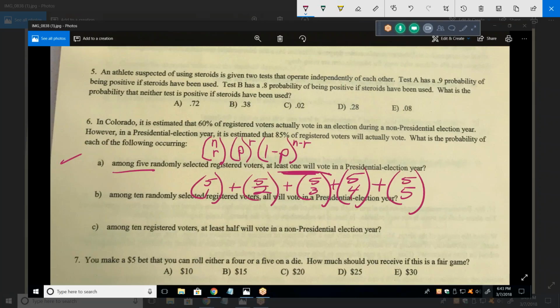At least 1 will vote in a presidential election year. So we have to do this calculation. There would be a slightly easier way to do it.